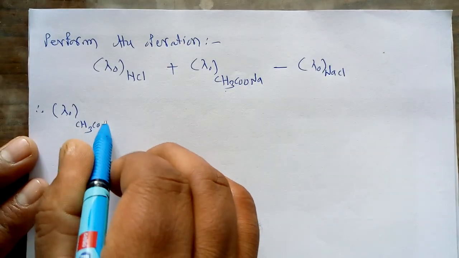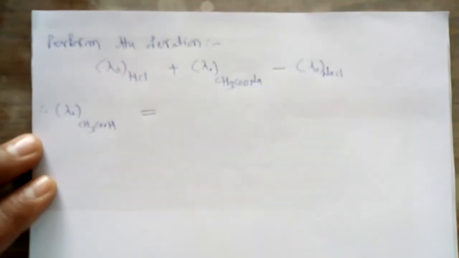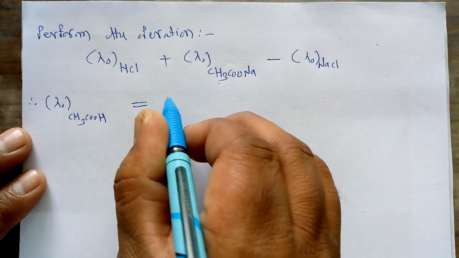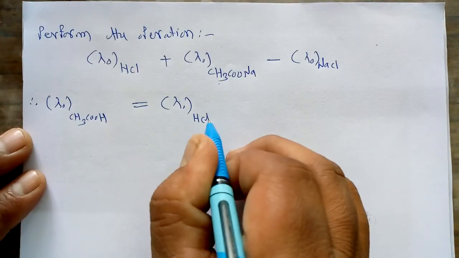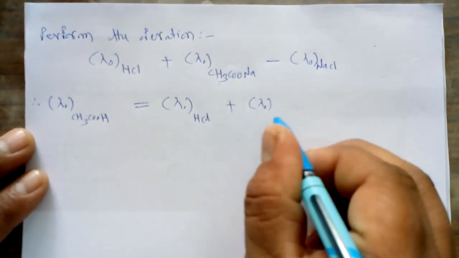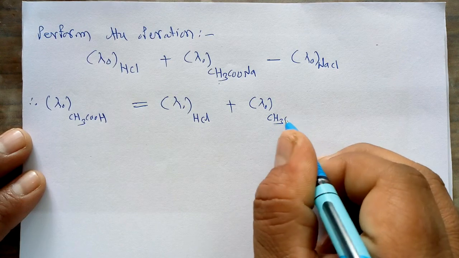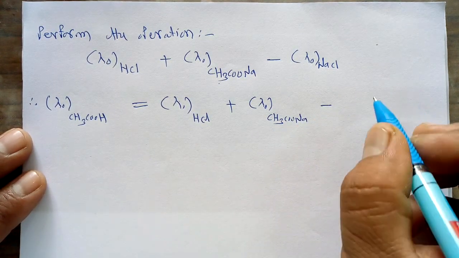Lambda 0 for acetic acid is nothing but this operation. We have to add lambda 0 for HCl plus the equivalent ionic conductance of sodium acetate minus lambda 0 for NaCl.